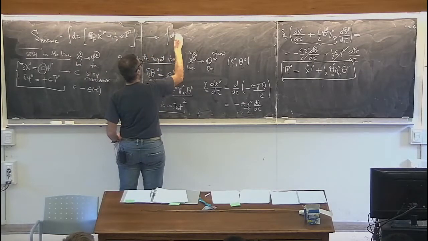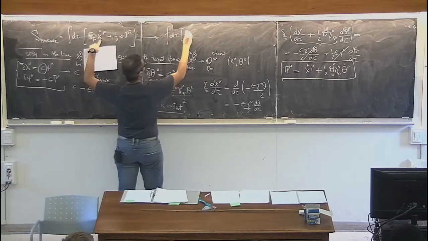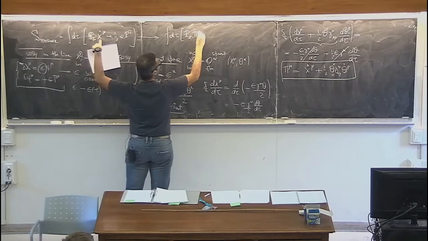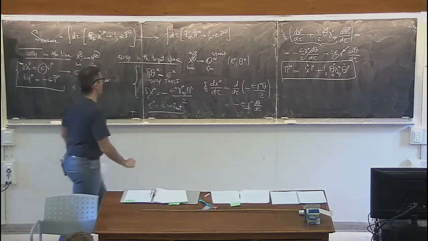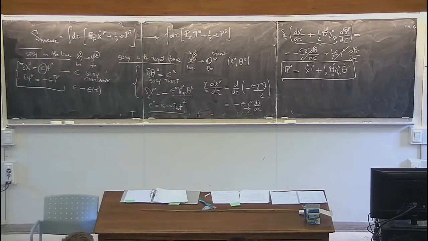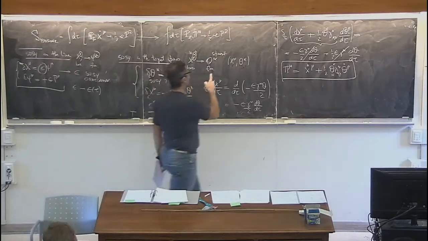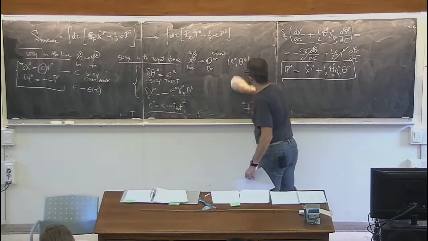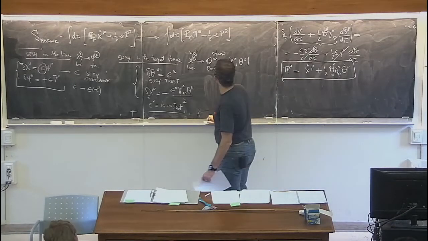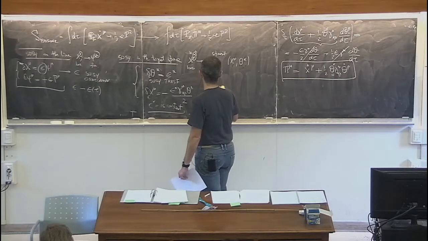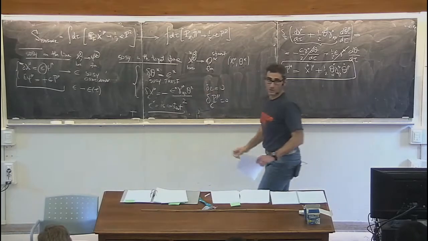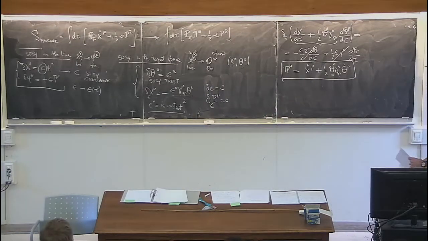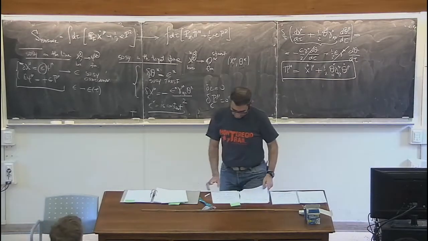I have d tau, and I replace these with pi mu plus half of epsilon p squared. In order to make it supersymmetric invariant, what do I have to do? I just have to say what the supersymmetry transformations of p and e are. The supersymmetry transformation of e is equal to 0, and the supersymmetry transformation of p is equal to 0. And the action is now invariant under supersymmetry.